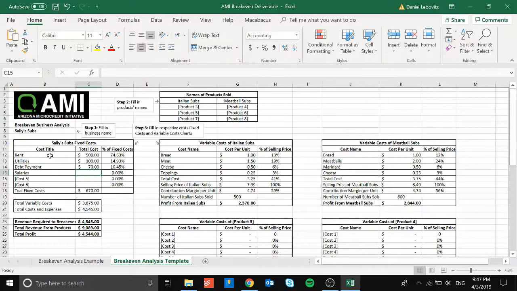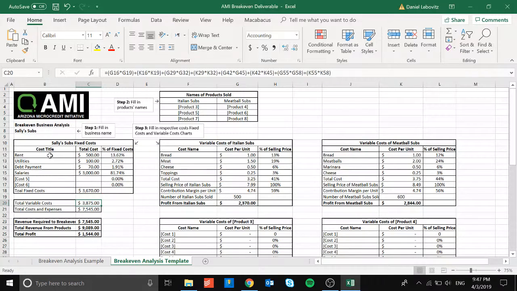Let's say her salary is somewhere along the lines of, say, $3,000 a month. Okay, so as we can see, these costs above in the fixed cost chart, table, are gathering and totaling below. So we're seeing our total fixed costs of $3,670.